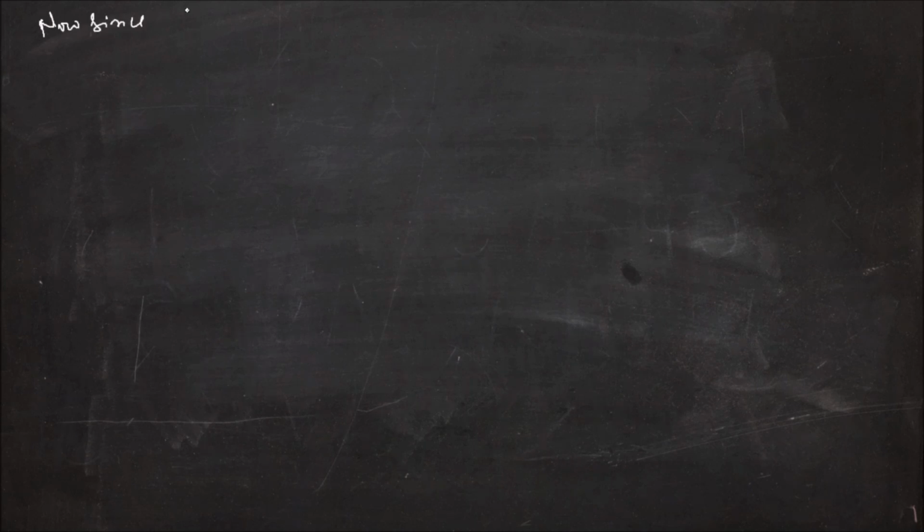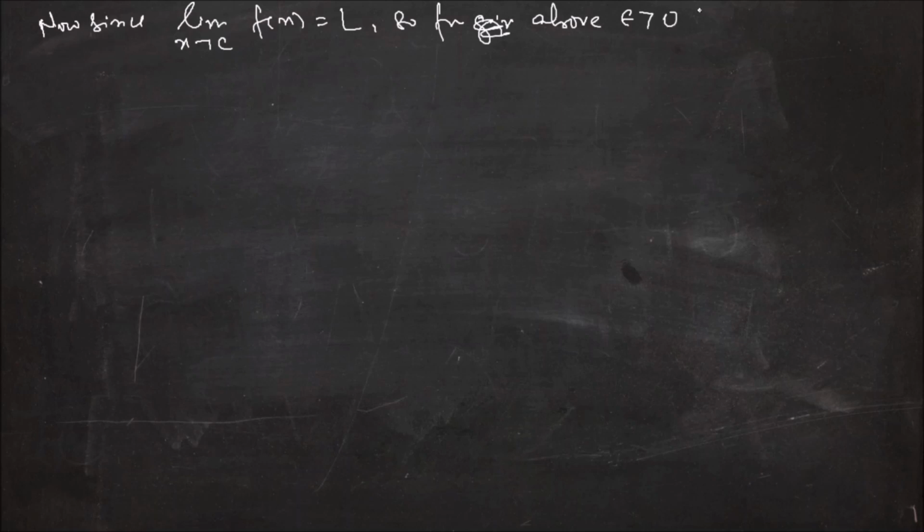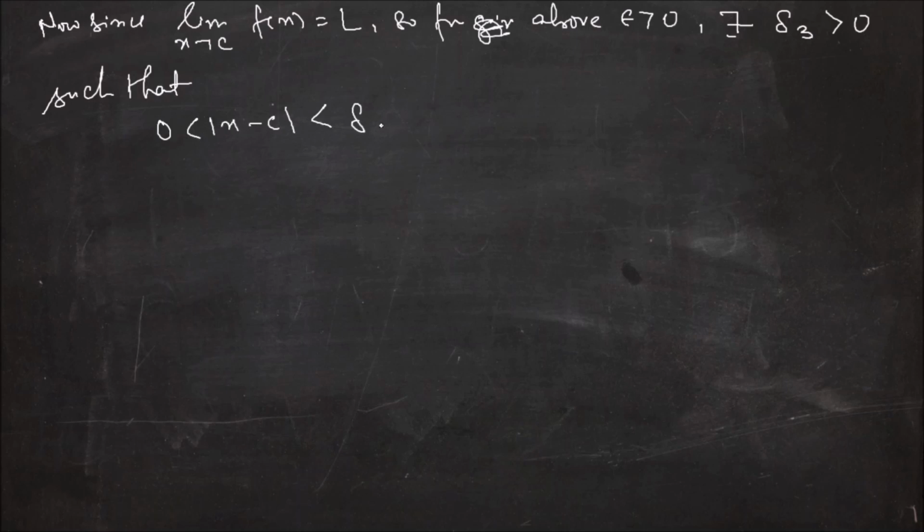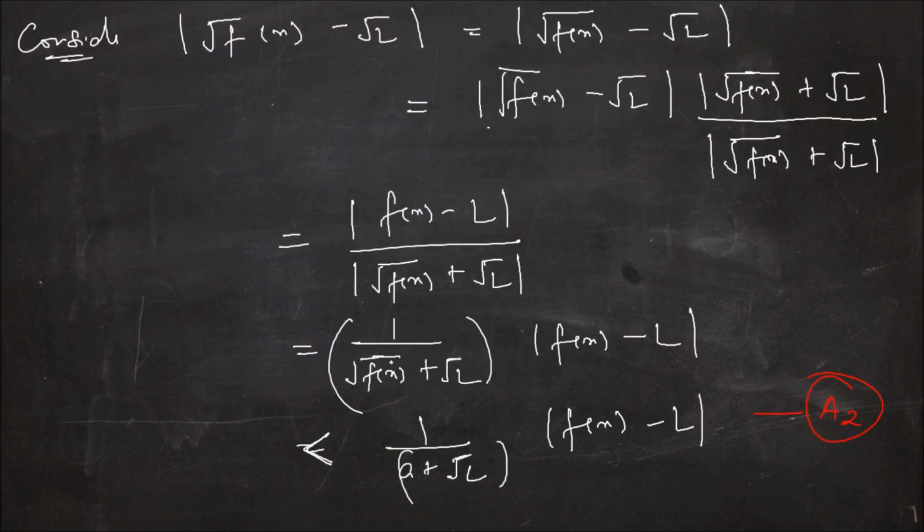Now since limit x tends to c, f x is equal to L, given the above epsilon greater than 0, there exists delta 3 greater than 0 such that 0 less than modulus x minus c less than delta 3 implies modulus f x minus L is less than epsilon times root a plus root L. So this is true whenever 0 is less than modulus x minus c less than delta 2, using a1.